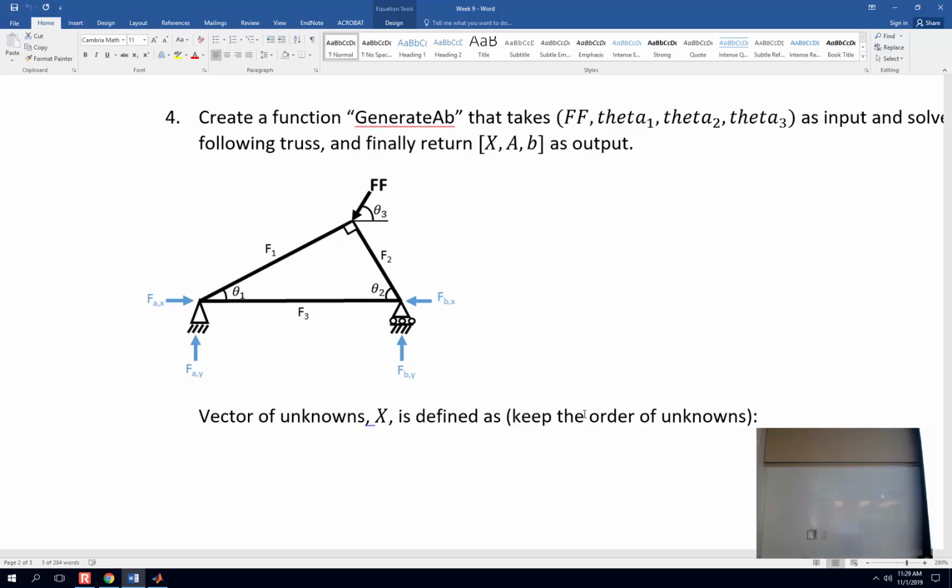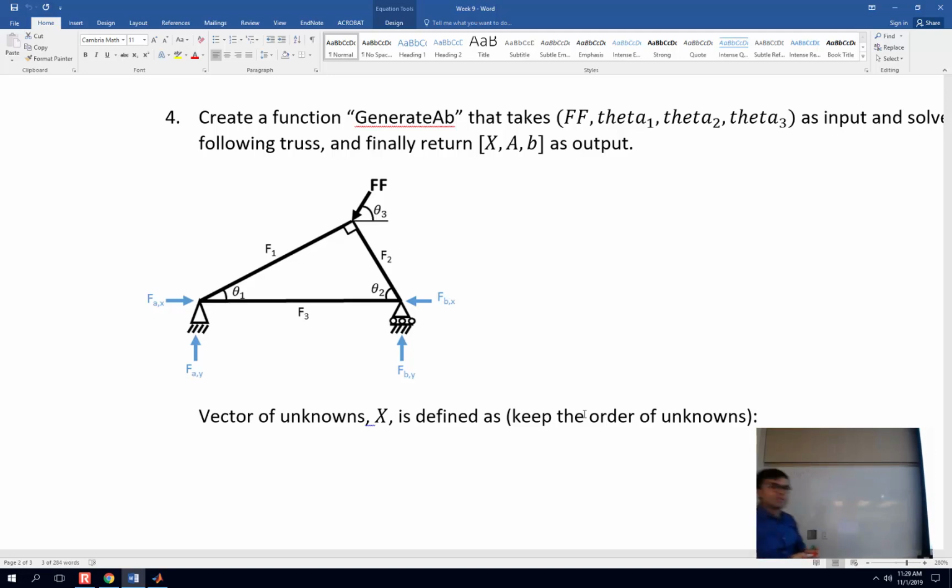Fay plus Fby. So my first equation, Fay plus Fby is equal to Ff sine of theta 3. Perfect.